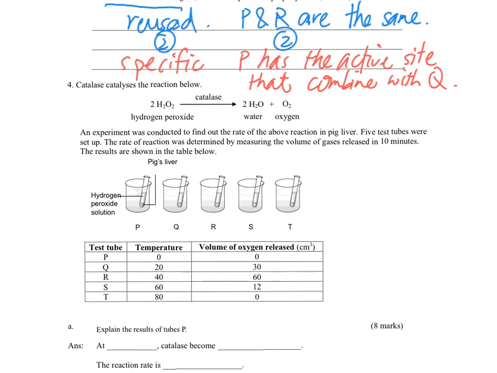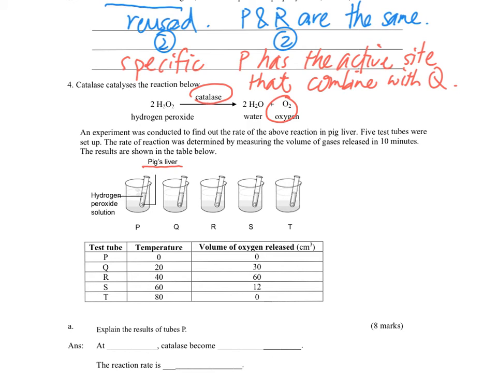For question 4, for this experiment, you can find in Google Classroom, experiment 2.1 is pig liver, where we can find catalase, the enzyme that can break down hydrogen peroxide into water and oxygen. Oxygen is the product.